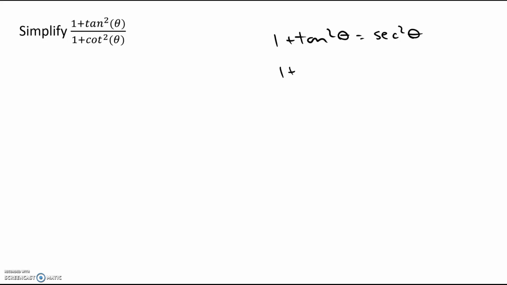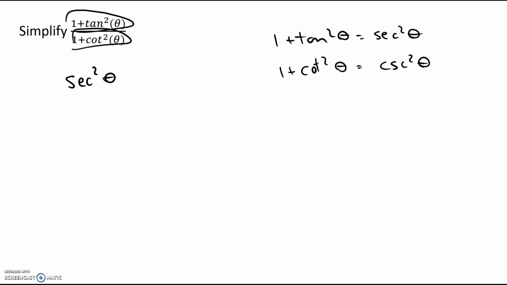And 1 plus cotangent squared of theta is equal to cosecant squared of theta. Now these, we don't have to manipulate them at all. We see that 1 plus tangent squared of theta is just secant squared of theta. And then we see 1 plus cotangent squared of theta, which is right there. That is cosecant squared of theta.